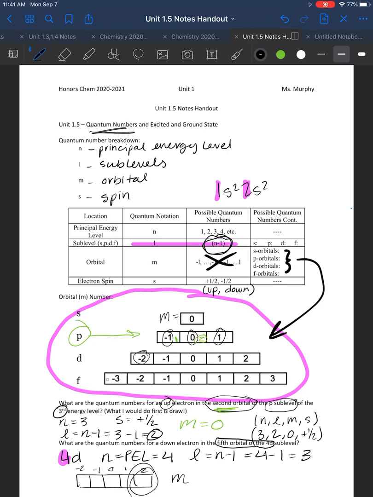That tells us our M is equal to 2. And then for a down electron, S is equal to -1/2. So if we write it in parenthesis form, we have 4, 3, 2, -1/2.